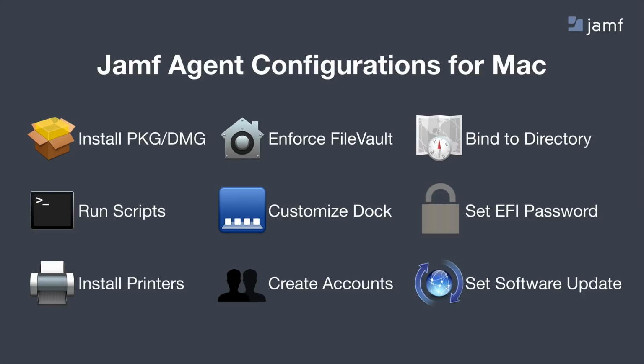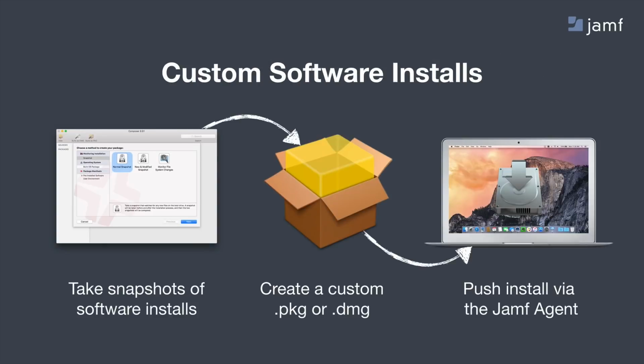You can do that. And control the software update schedule as well. Of course, one of the big things is custom software installs. Like I said earlier, there's a lot of software that's not in the App Store, such as Microsoft Office and Adobe Photoshop. Things like that, you can use our tool to take a snapshot of that software, package it up into a package file, and push it out to all of your Macs.